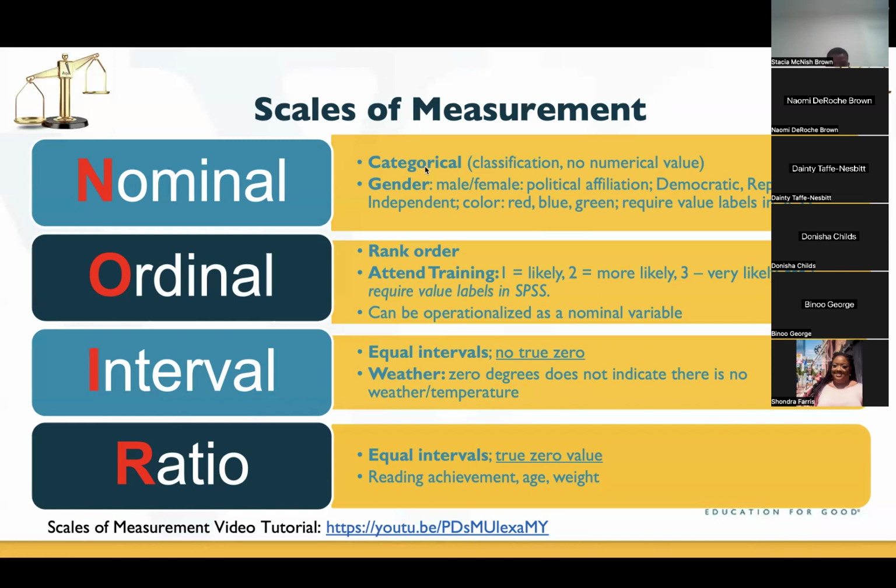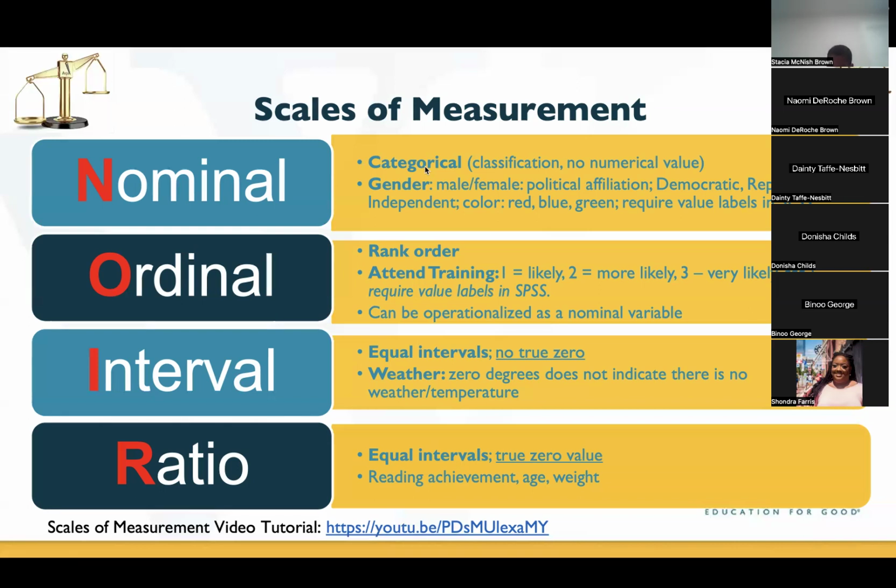The interval, again, is in order, with equal intervals, but there's no true zero. So for example, if you were collecting weather, the temperature is a variable, 25 degrees today, 30 degrees the next day, 0 degrees the next day. Zero in this case does not mean there is no existence of the variable, no existence of weather.